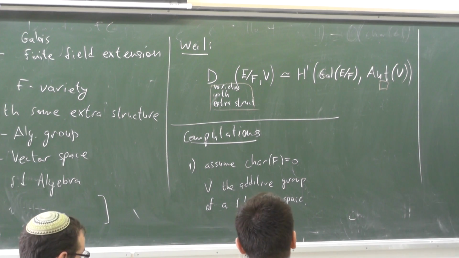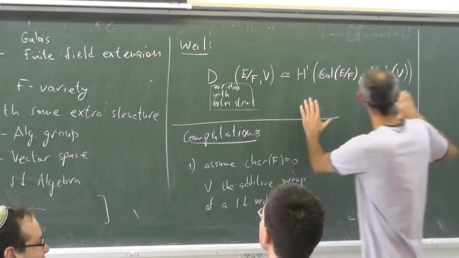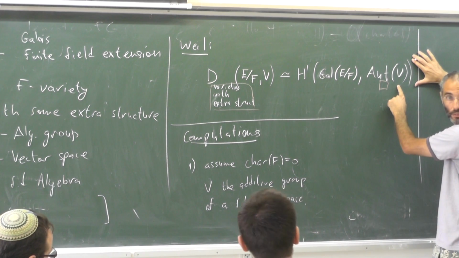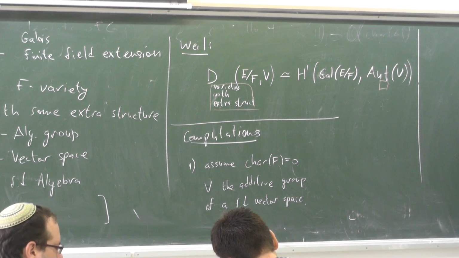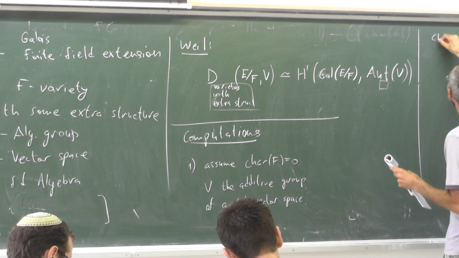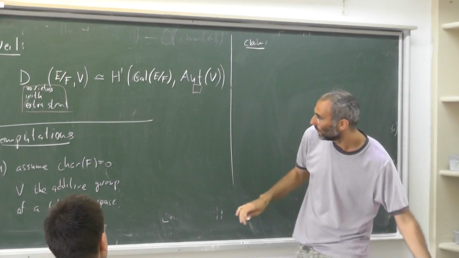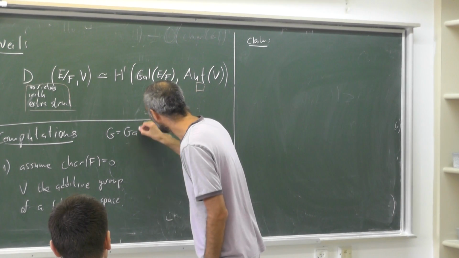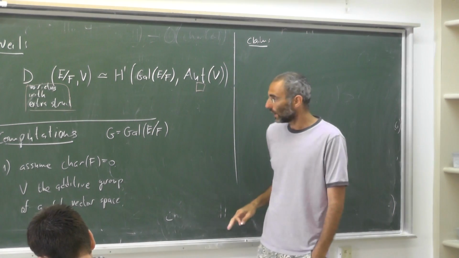Oh, sorry. Actually, I will not be in that picture at all now. I will just look at this with V as a group. Now I claim, this is an additive group, it is acted upon by G, which will be the Galois group from now on.